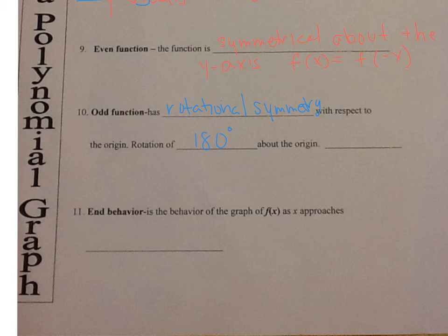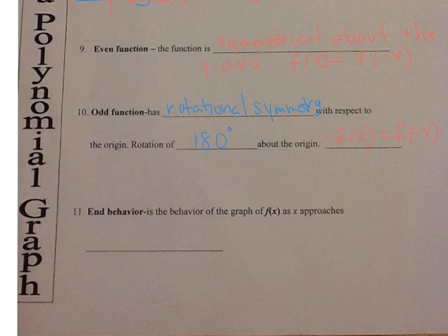That's rotational symmetry. Symmetry is when you can fold it along something and get the same exact thing on the other side, the mirror image. All right, so for odd function, it's negative f of x, so negative your y value, is equal to f of negative x. All right, and the last one is end behavior.